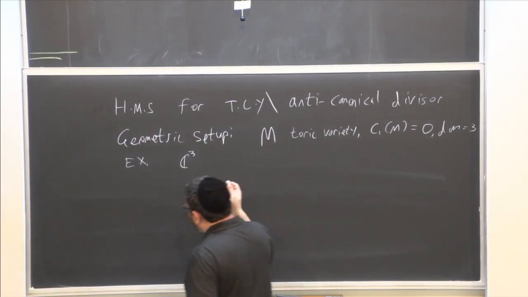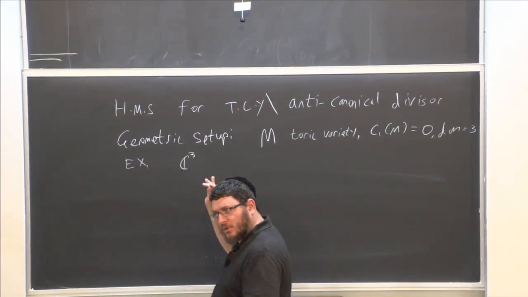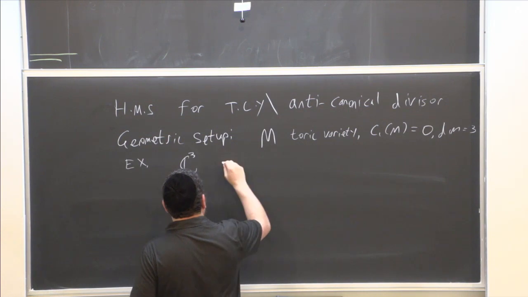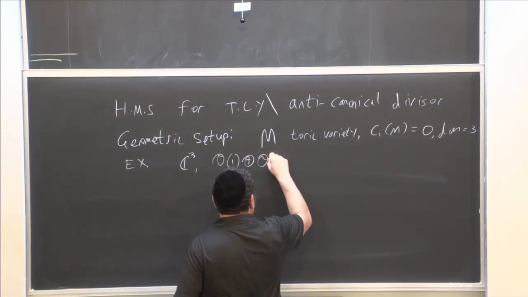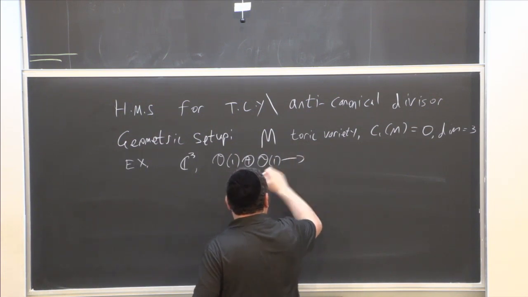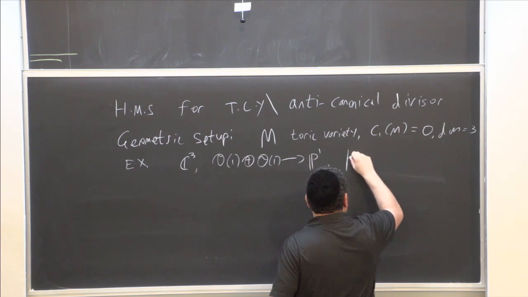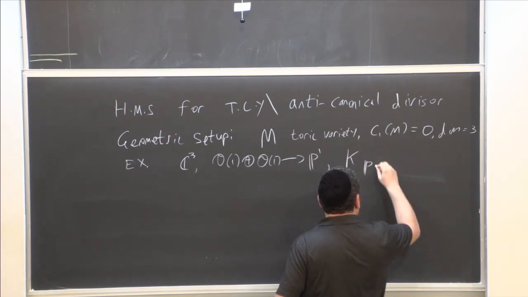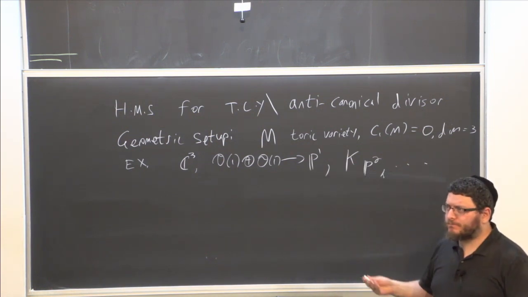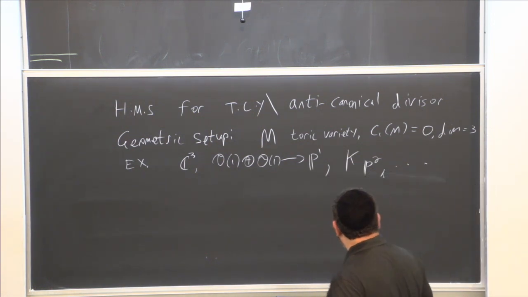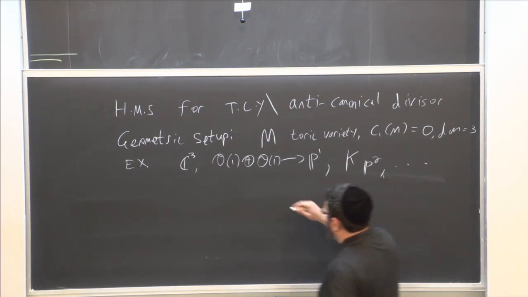For most of this talk, just thinking about C^3 is good enough. Another example would be O(-1) plus O(-1) over P1, the canonical bundle over P2, and such further examples.